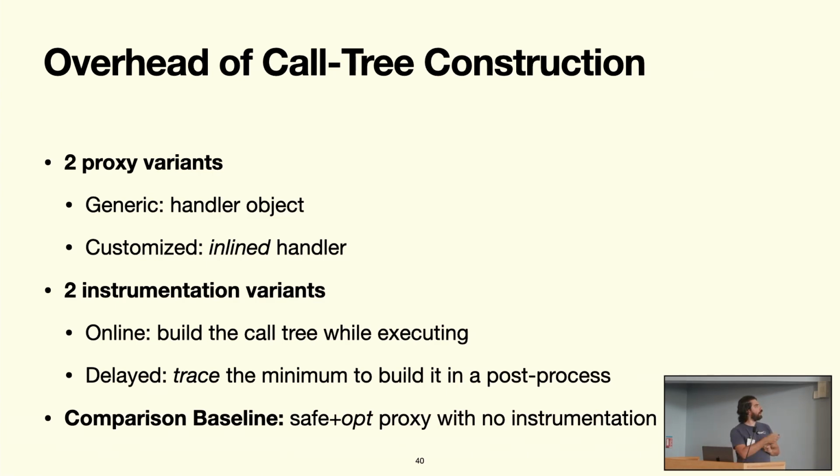I'm going to use as a comparison baseline for these four variants the safe proxy with optimization, the one that was 400 times slower, with no instrumentation, so doing nothing. Because here what I want to measure is how much overhead I have in my instrumentation, not in the proxy.